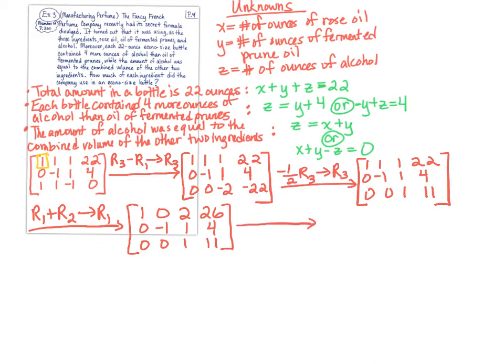What row do you want to change first? R2 times -1. Okay, so -1 times R2 to get a new R2. So what does R2 become? 0, 1, -1, -4. Okay.